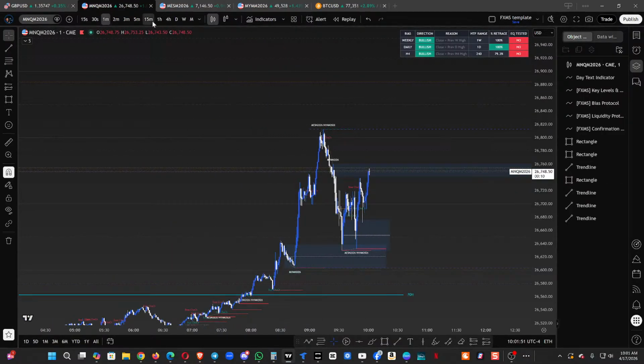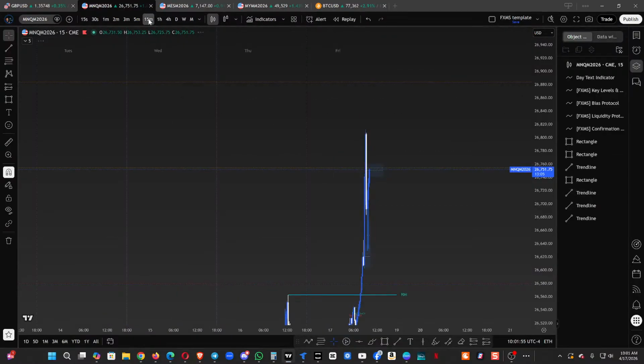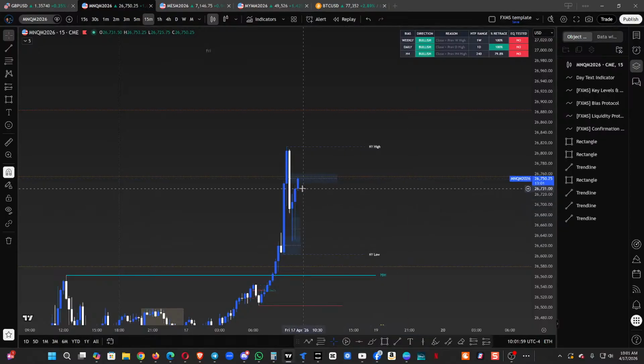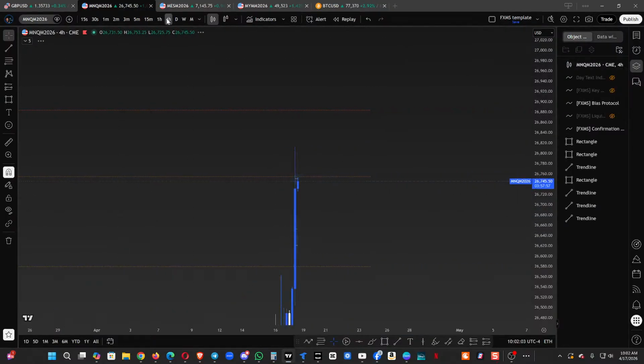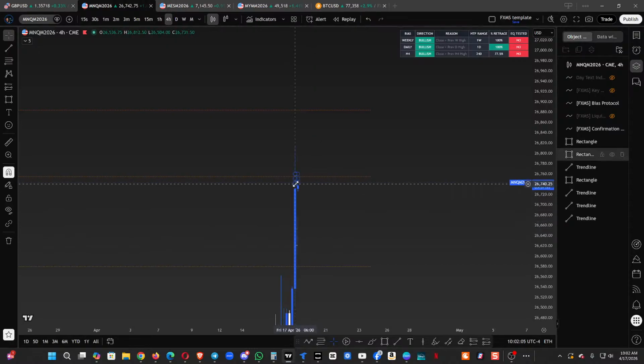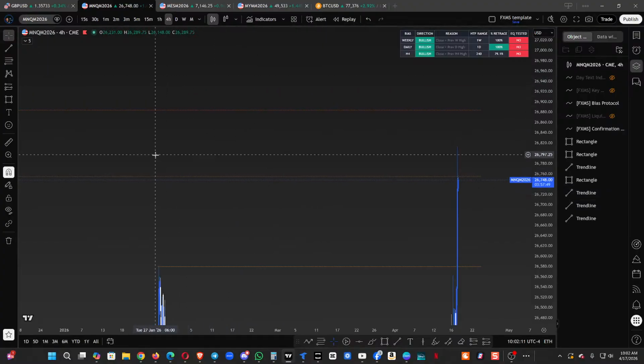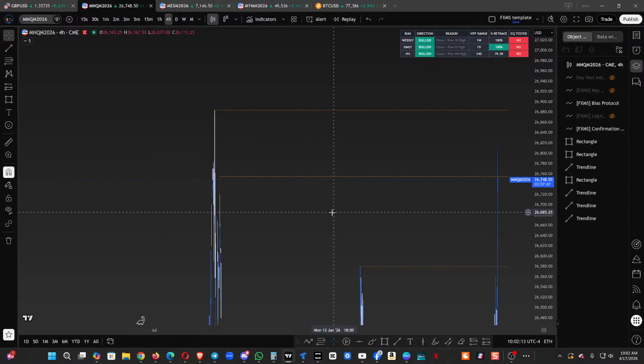Okay, so now we're tapping into that 15-minute level. The 10 o'clock has closed, so we've got the 4-hour close, and that 15-minute close was bullish. Let's look at the 4-hour close as well. It is bullish, but we did close underneath that level. Let's see if we closed under that 4-hour level as well. We didn't.